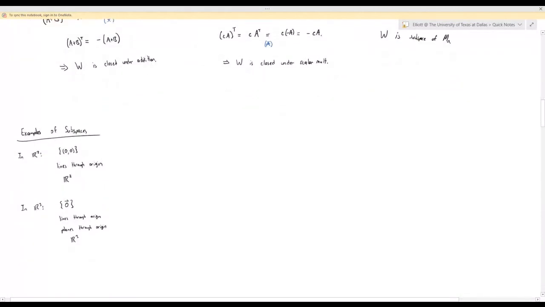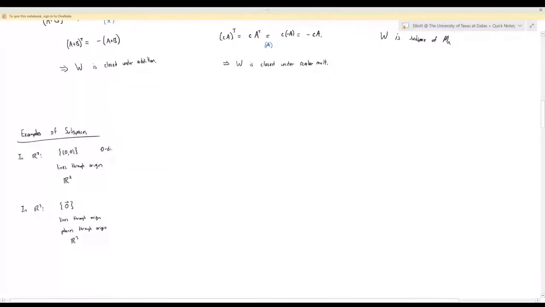We'll talk about dimension later this semester, maybe in 2 or 3 weeks if I had to guess. But there's some intuition here that the origin by itself is just a point, so it's 0-dimensional. Lines are 1-dimensional, and R2 is 2-dimensional.